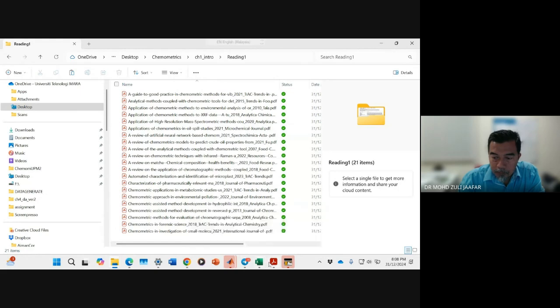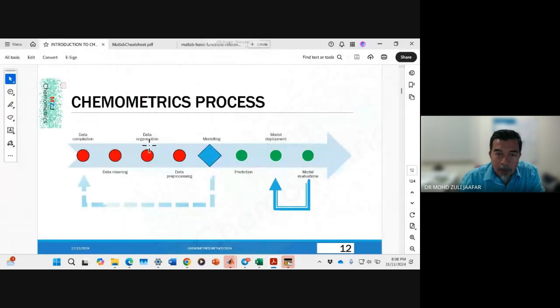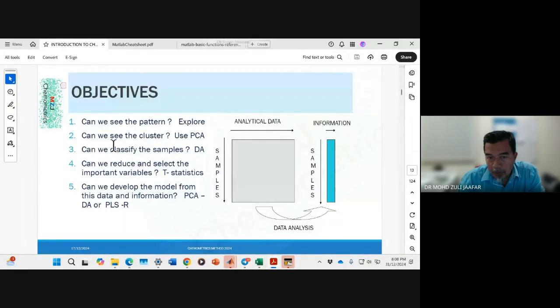Okay. Now, next slide. Yes, slide number 13. So, what is the point of doing chemometrics? We can see the pattern, can't we? If you have this question, it means you just want to explore your data.